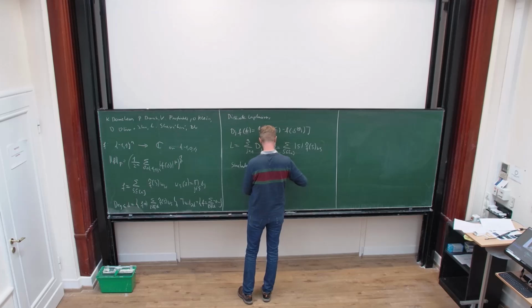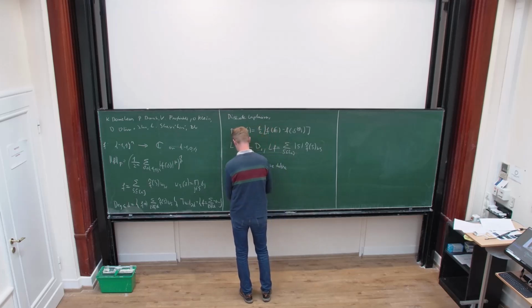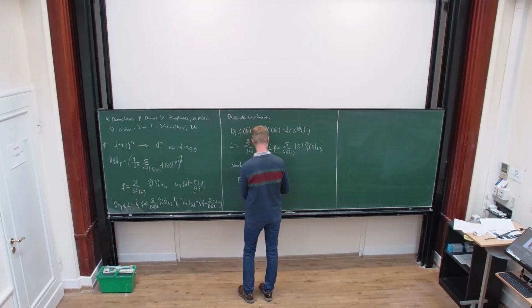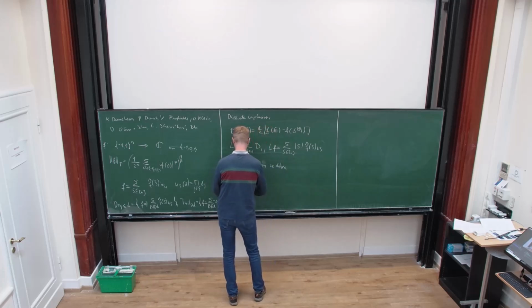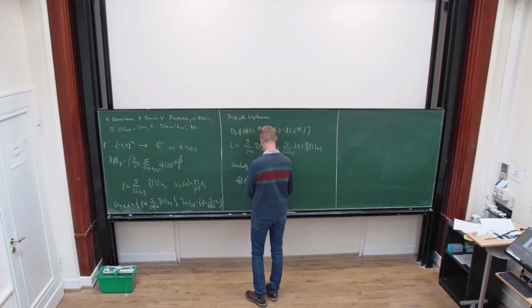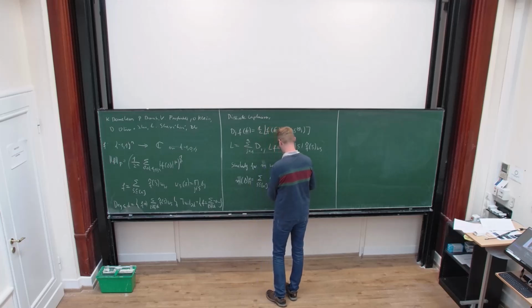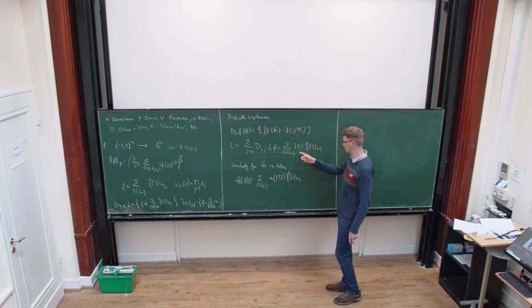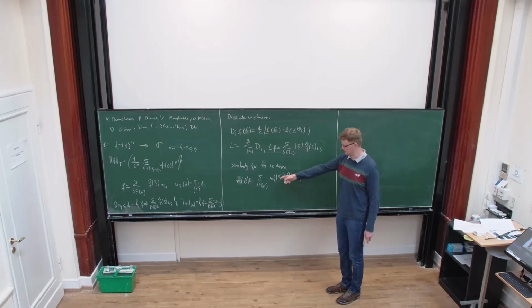We define m of L on f, m of L f equals the sum over S contained in [n] of m of the size of S, f-hat of S, w_S. So if this was the spectral decomposition of the Laplacian, this is the spectral functional calculus for the Laplacian on the function f.